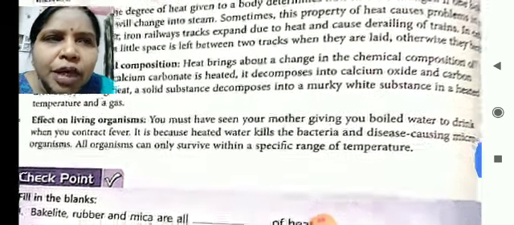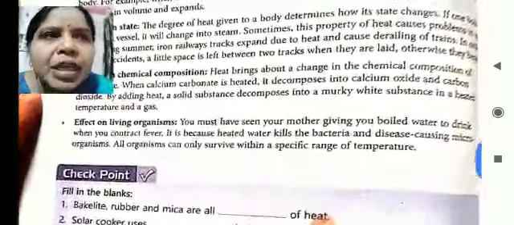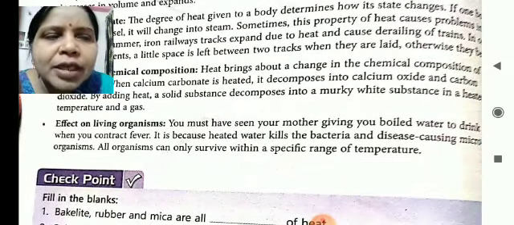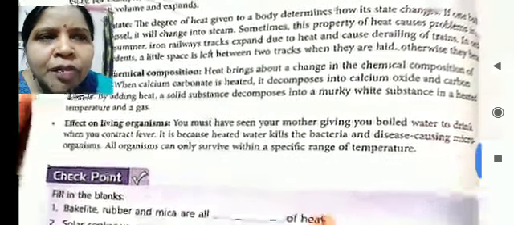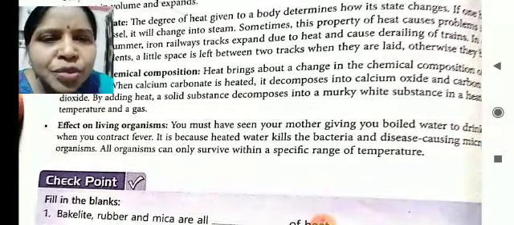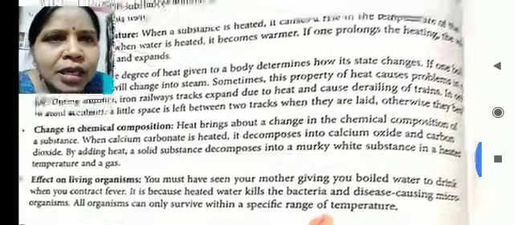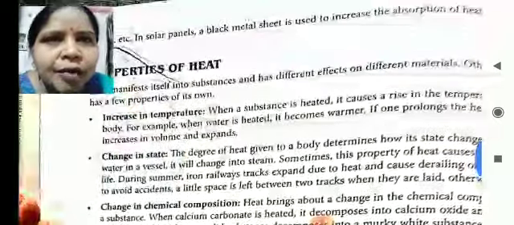If we increase the temperature, then the bacteria or microorganisms present there get killed, and then it becomes safe for us to drink. So these are the four properties of heat.